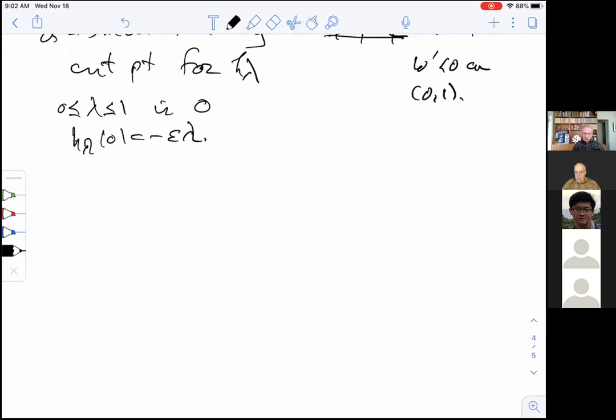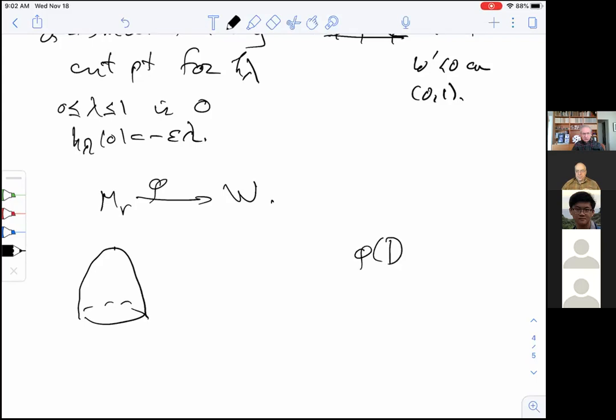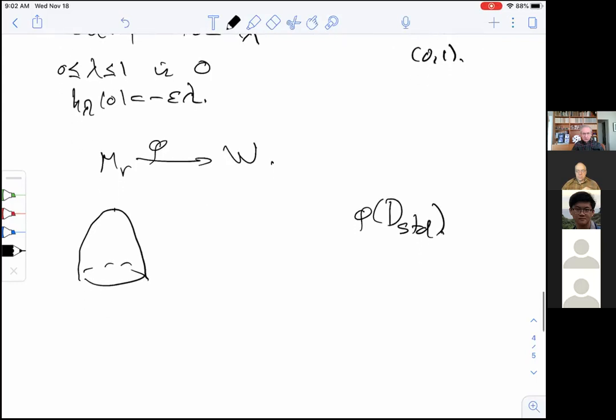So given this embedding, phi of MR into W, we get, first of all, this descending manifold. Phi of the standard descending manifold passes these critical levels. And we also have a path of functions, H lambda.